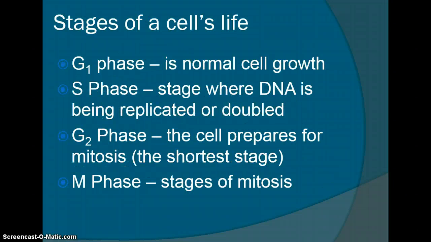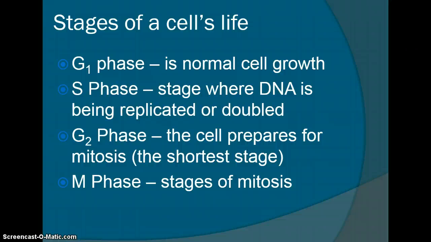Let's talk a little bit more about the specific stages. G1 phase is normal cell growth. Cells are obviously going to grow a little bit, and this is the typical cell growth. The S phase is a stage where DNA is being replicated or doubled.